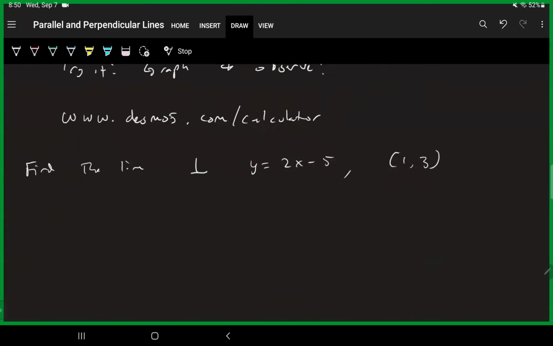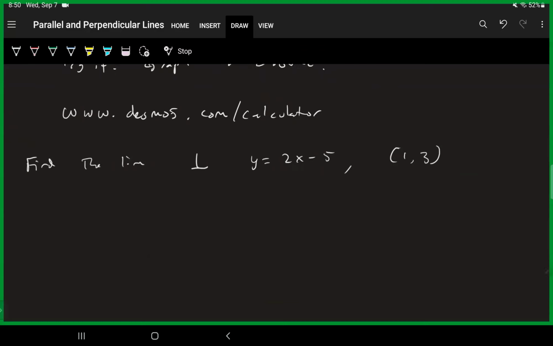So we're looking for the line perpendicular to y equals 2x minus 5, and passing through 1, 3. So how do we do this? Well, my perpendicular slope, if m is 2, my perpendicular slope is going to be -1/2. And this is the one that we're going to use.